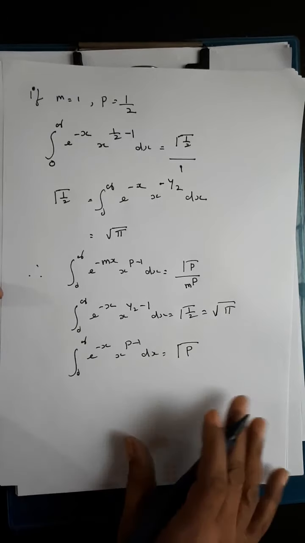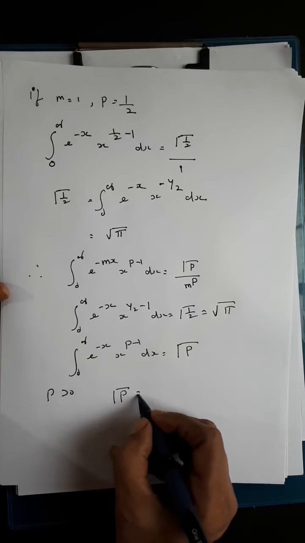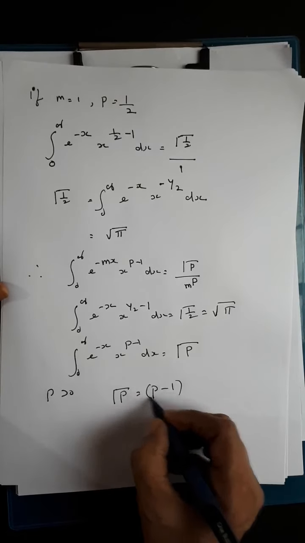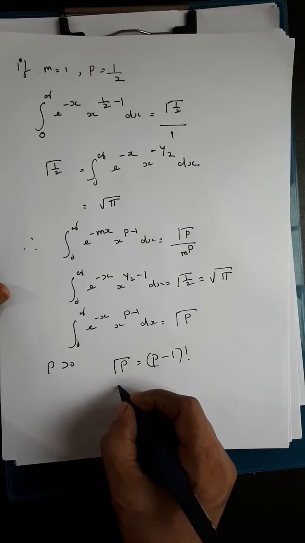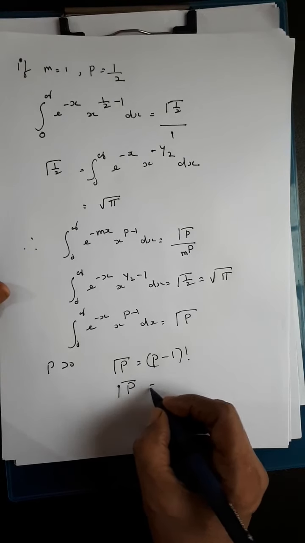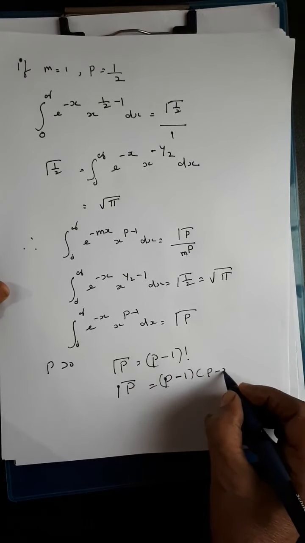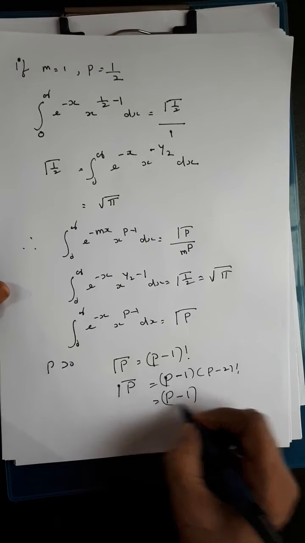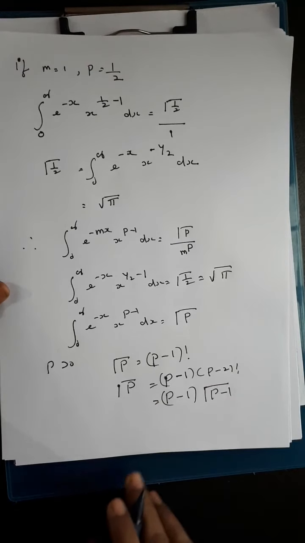And one more result. For p greater than 0, we have gamma p is equal to p minus 1 factorial. Or we can write gamma p is equal to p minus 1 into p minus 2 factorial, that is p minus 1 into gamma p minus 1.